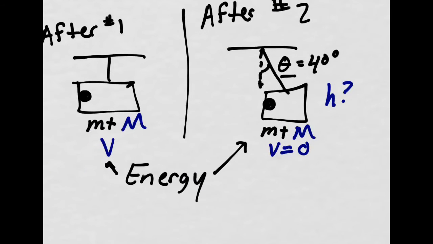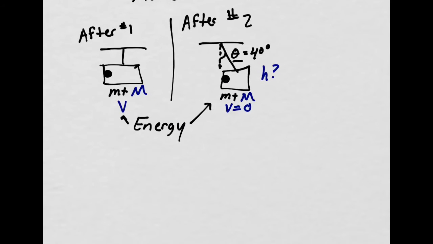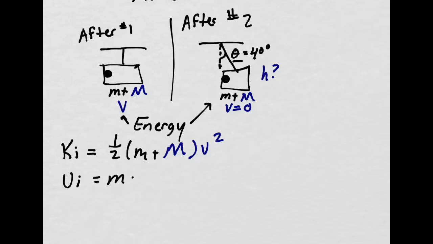So if we go here, the energy before has a kinetic term, 1/2 m plus blue M times V squared. U initial is mgy initial.